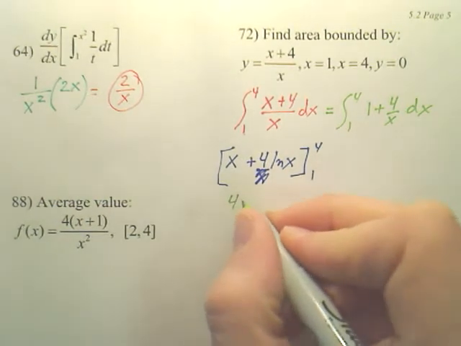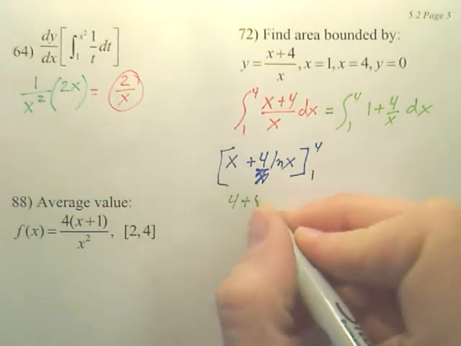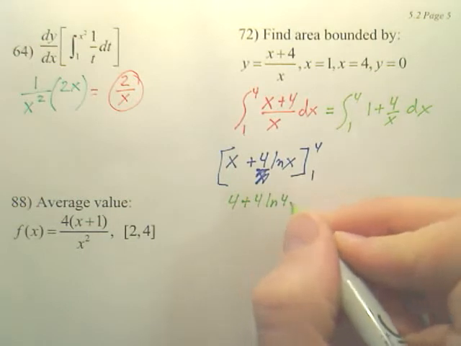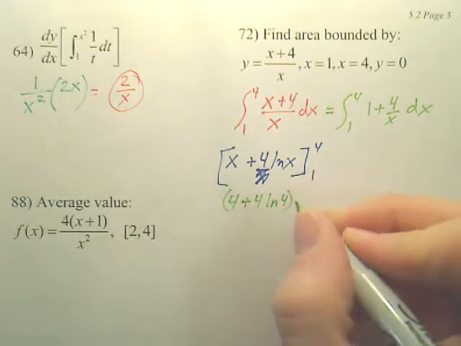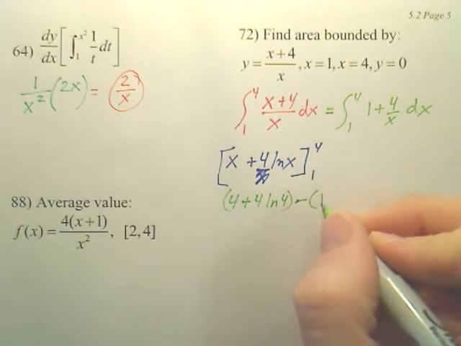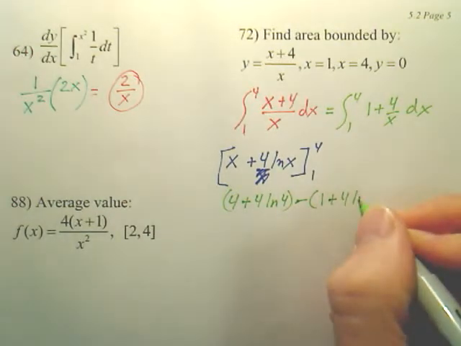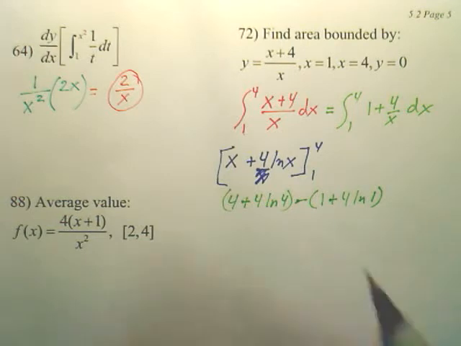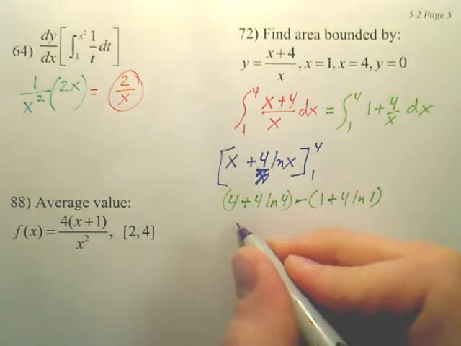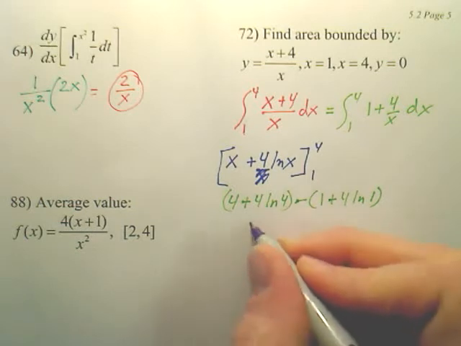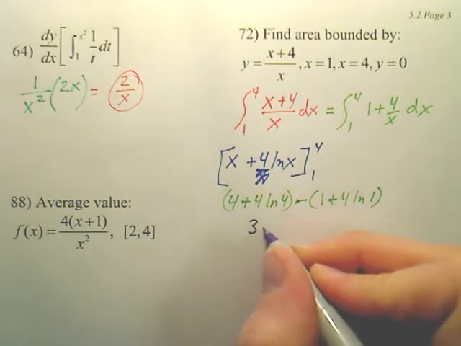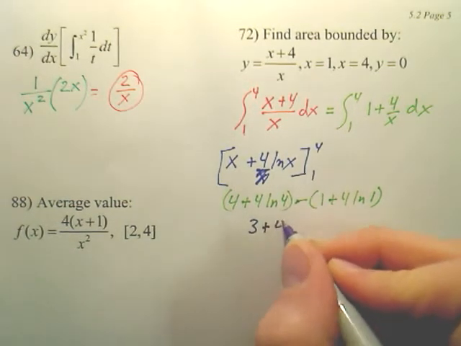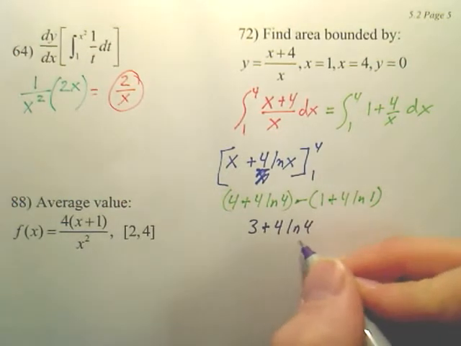So it's simply going to be 4 plus 4 ln 4 minus 1 plus 4 ln 1, which ends up being, let's see, 3 plus 4 ln 4. I don't know ln 4. That could actually be ln 16.